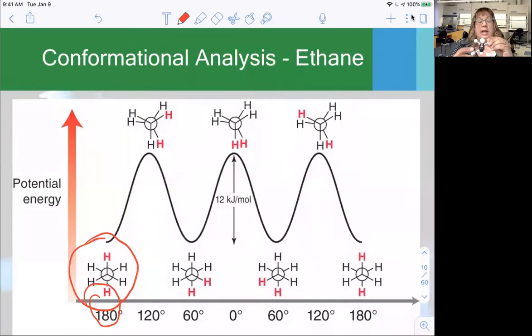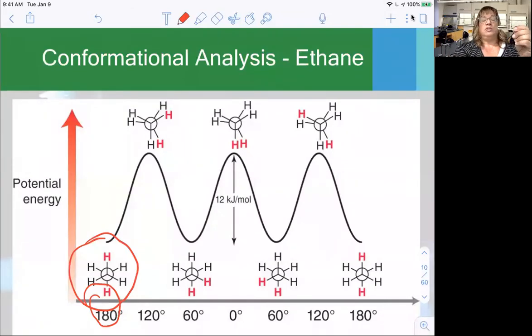So I'm going to keep the front, and I'm going to rotate the back. And look what happens. Now I have eclipsed, right? These two are eclipsing each other. These two are eclipsing, they're close to each other.